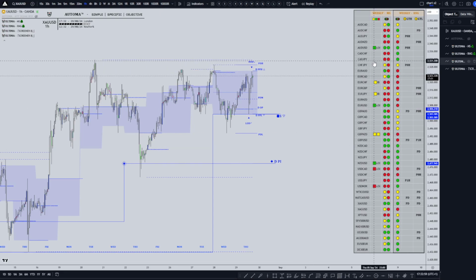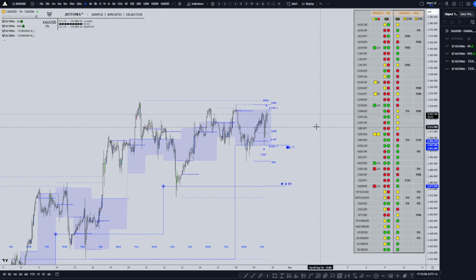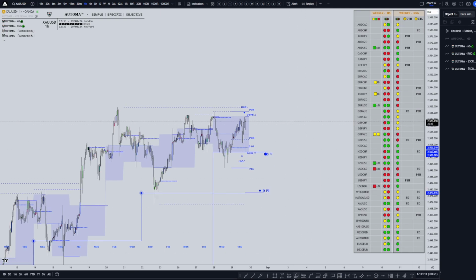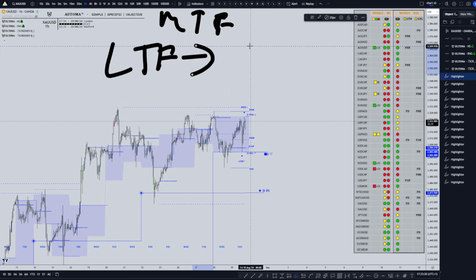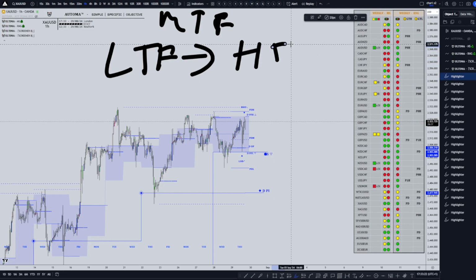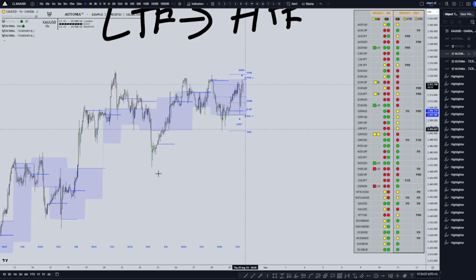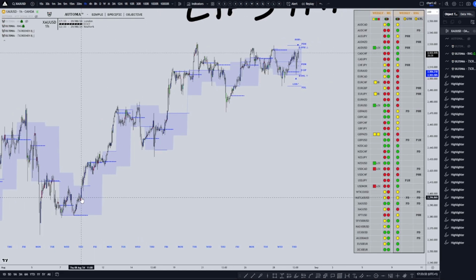You can obviously use either just market structure or just the ranges, but if you're using just one of them, you want to base it on multi-time frame logic. So basically the lower time frame's job would be to deliver the higher time frame's intention. So let's say if you're using just market structure on daily, you will utilize lower time frames.